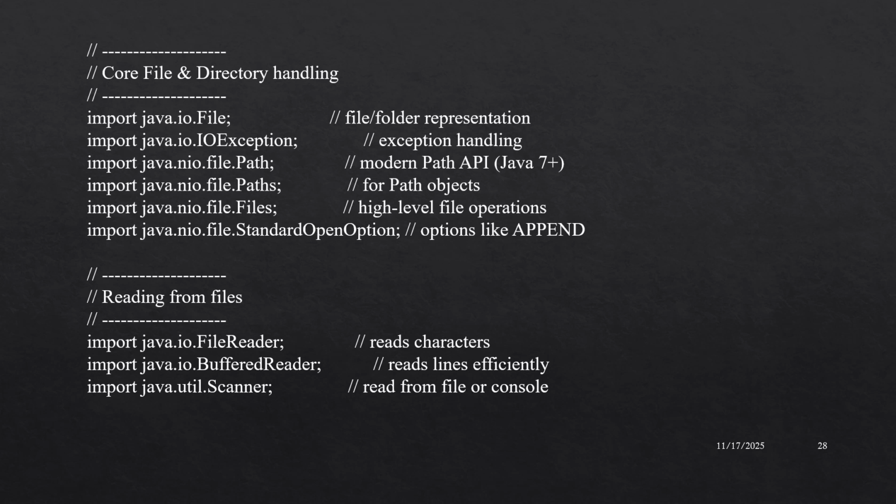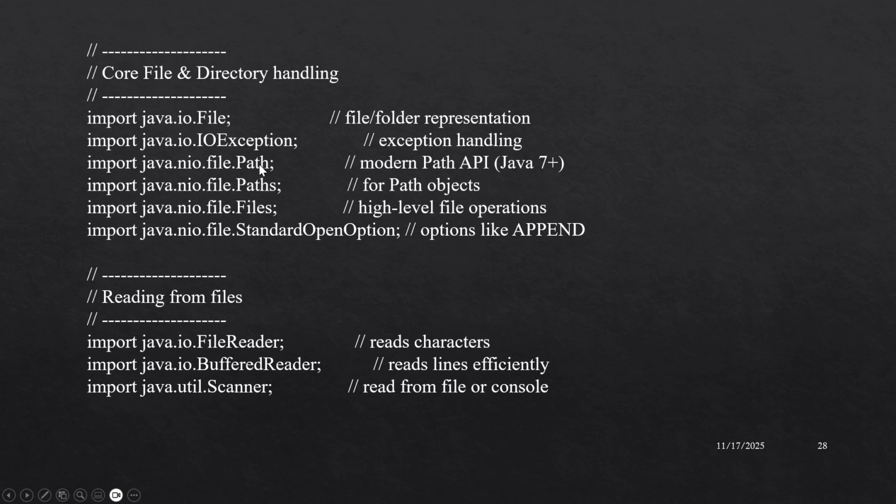There are many kinds of exceptions, checked or unchecked, like IOException, input output. When a user is trying to give inputs and something goes wrong in the program, it should be handled by the IOException. That's why we used IOException here. Next, import java.nio.file.Path.